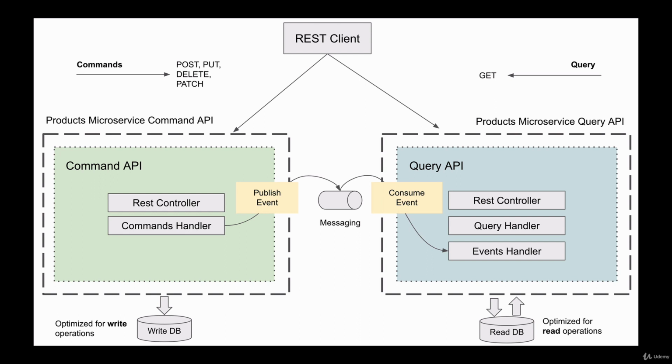A microservice that publishes an event message is not aware of how many microservices will consume this event message or where these microservices are located. And this is called location transparency. Later in this video course, we will add another microservice to the flow, and all microservices will be completely unaware of each other's location. There is no tight coupling between them, and they can be deployed and scaled independently.